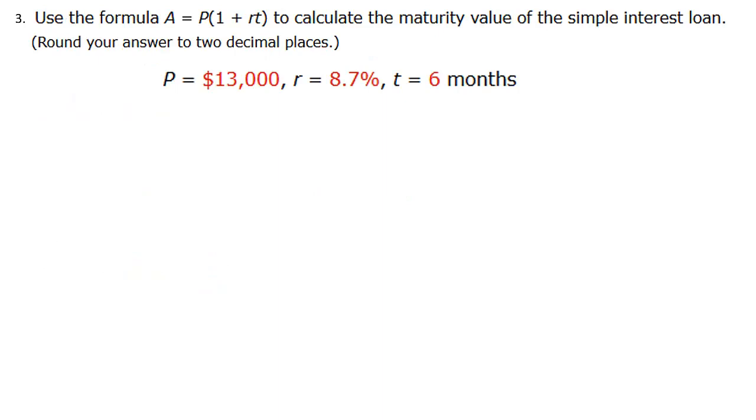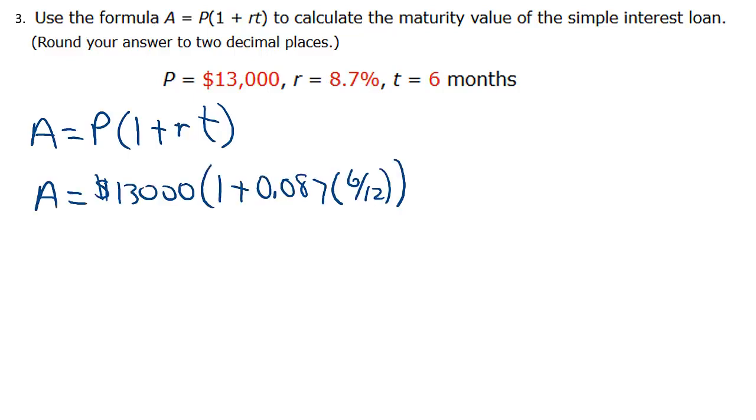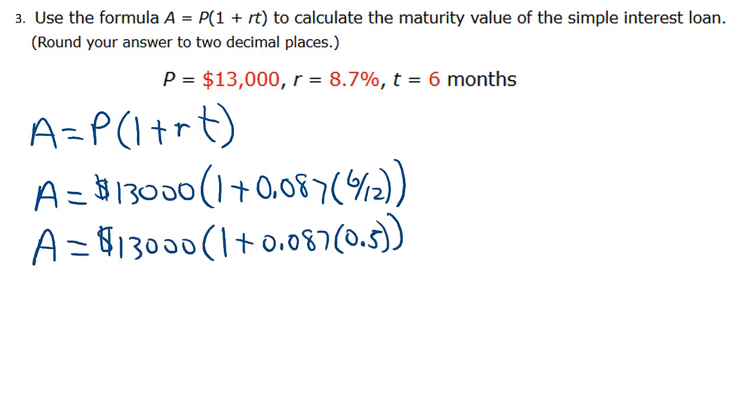Number 3. Use the formula A is equal to P times the quantity 1 plus RT to calculate the maturity value of the simple interest loan and round your answer to 2 decimal places. Again, you just plug into the formula. $13,000 is the principal. 8.7% is 0.087 as a decimal. And 6 months is 6/12 of a year, which of course is 0.5 or 1/2.